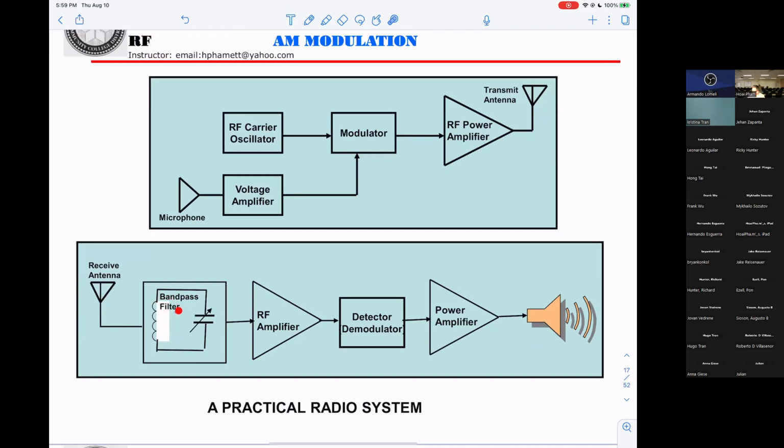It goes to what we call the band pass filter. And after you get the signal you want, it goes to the RF amplifier. And now it goes to the detector, the demodulator circuitry. And after that, it goes to the power amplifier and to the speaker. That's just a very basic block diagram for the radio, for the transmitter and receiver.